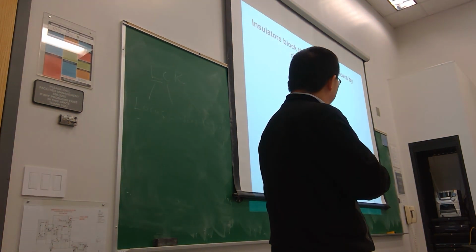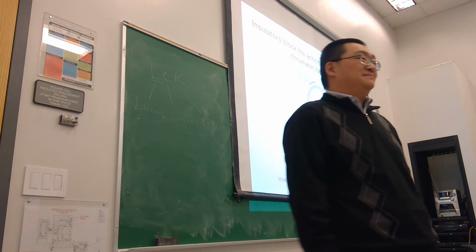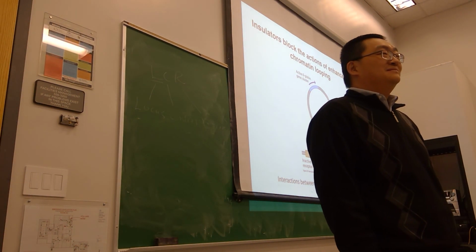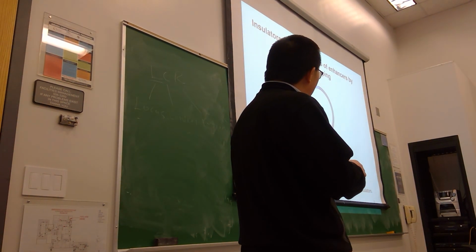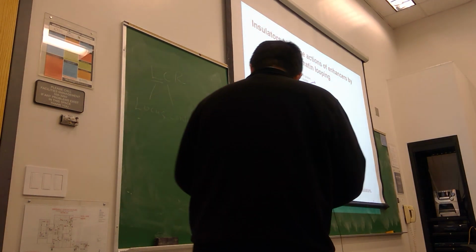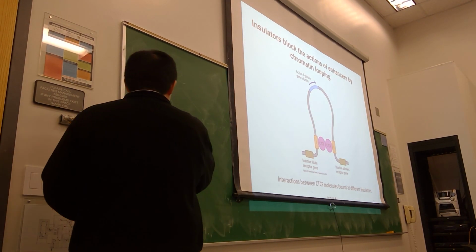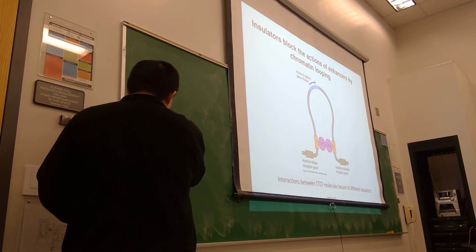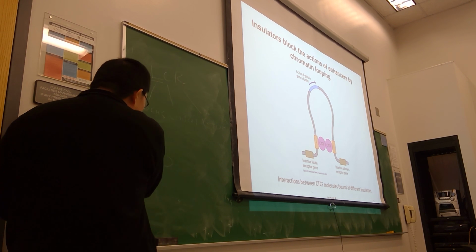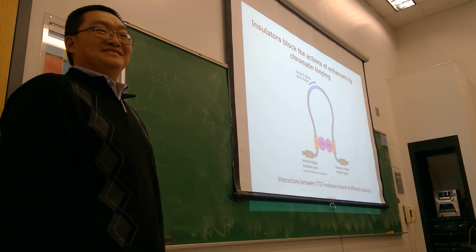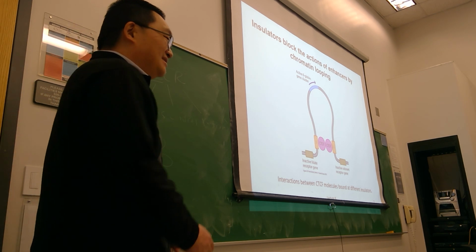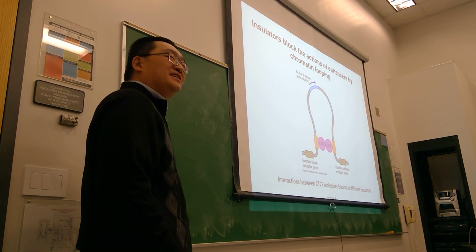If you have insulators that cause the looping, can you have an enhancer within that region that also causes additional looping? Yes. So sometimes the looping is like here, like this, and then kind of like this. You can think of it as a structure.